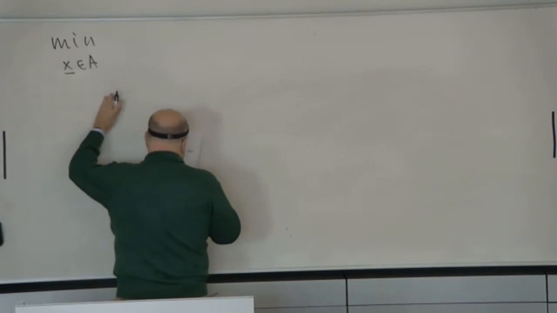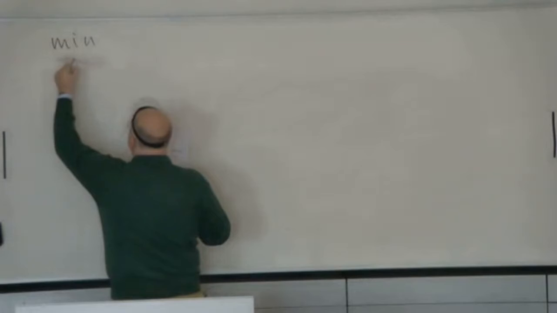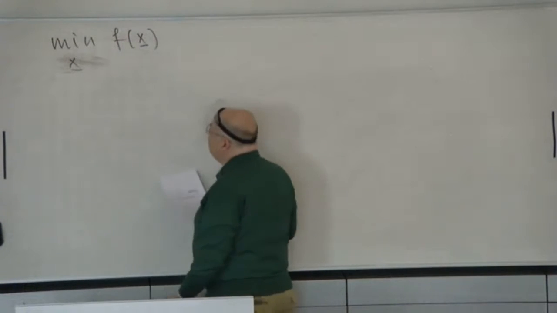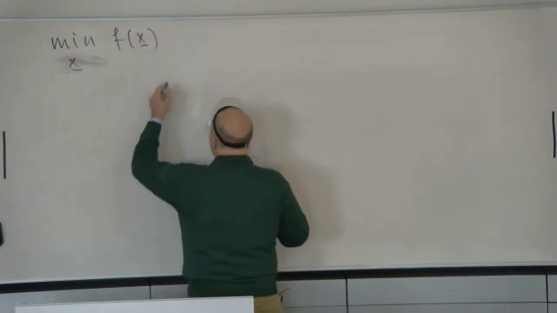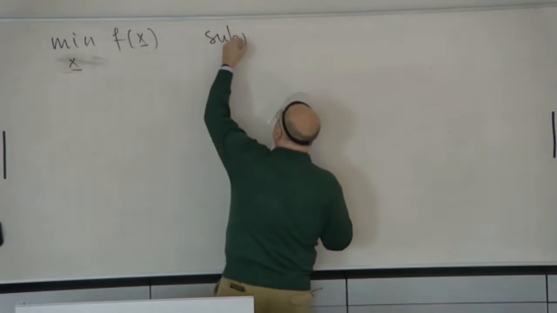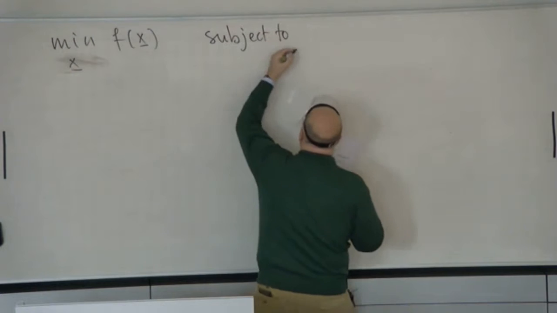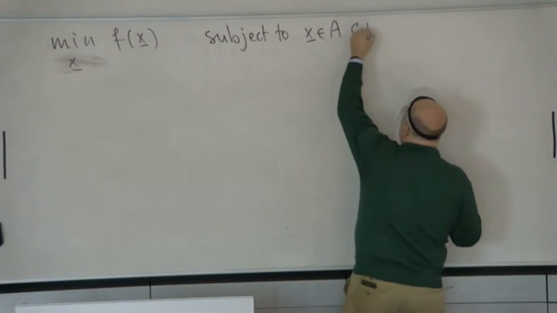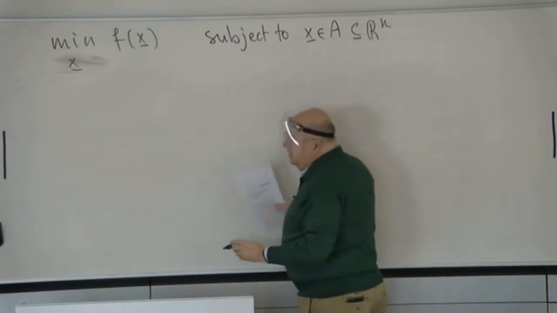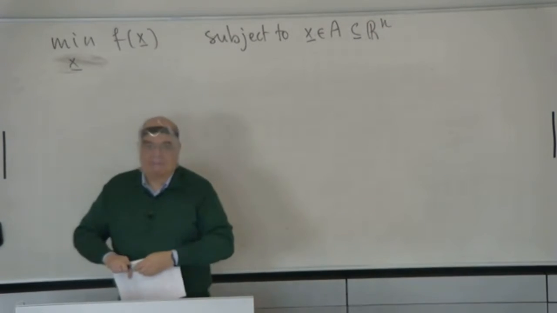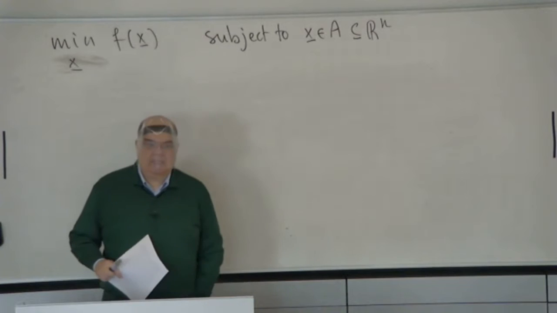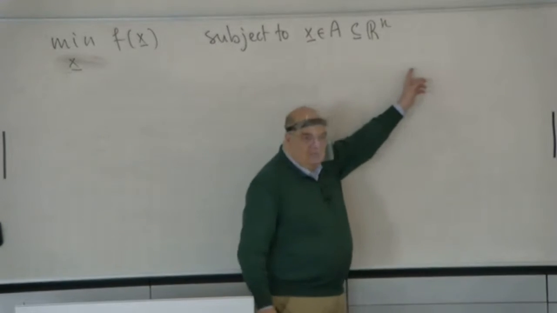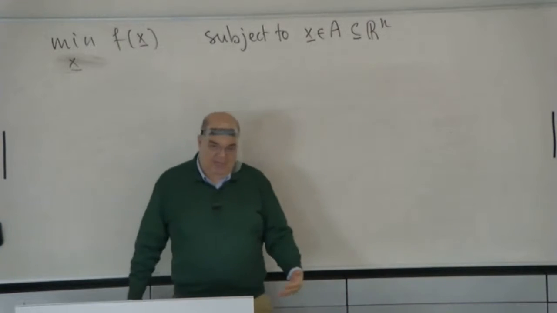There is a function f of x for which we want to find the minimizer x, subject to x in A, where A is usually a subset of Rn. And by the way, in most of the problems, n is large, extremely large.